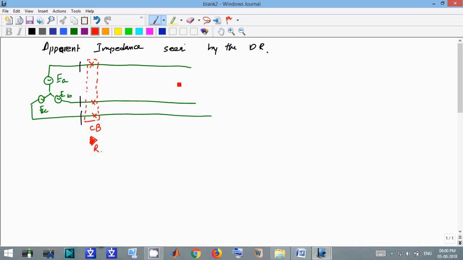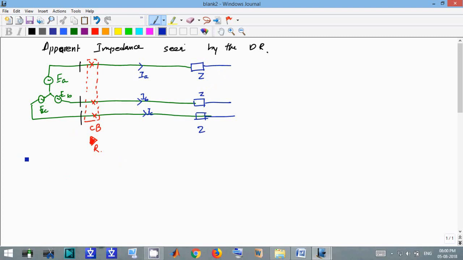Now the current flowing through this conductor is IA, this is IB, and this is IC, right? Now this is the impedance, say this is the impedance Z of the transmission line.